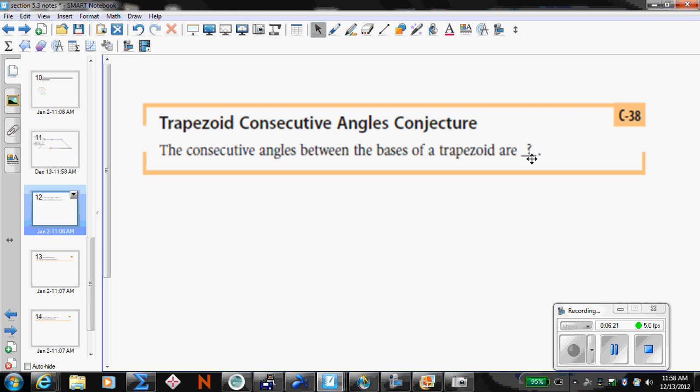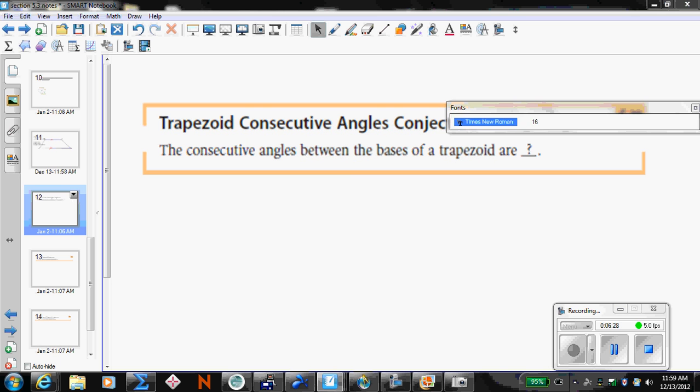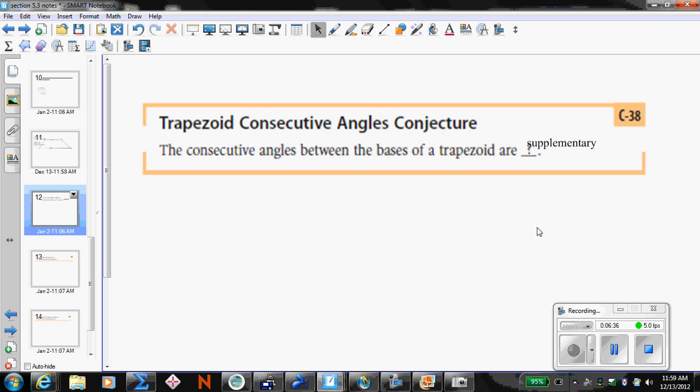Yes, they are supplementary. So let's fill that in with supplementary. That is conjecture 38. This is section 5.3. So consecutive angles between the bases of a trapezoid are supplementary.